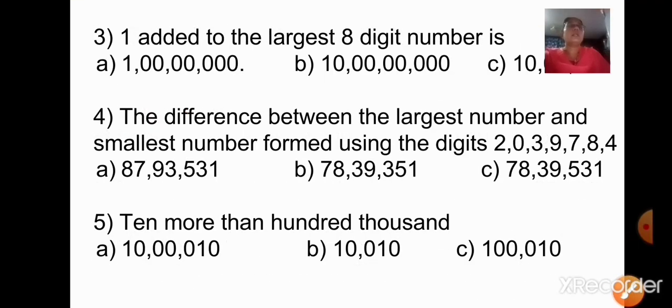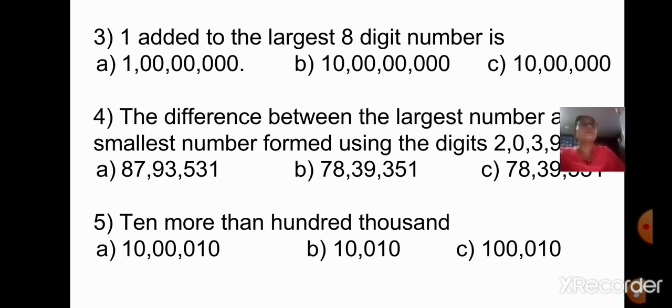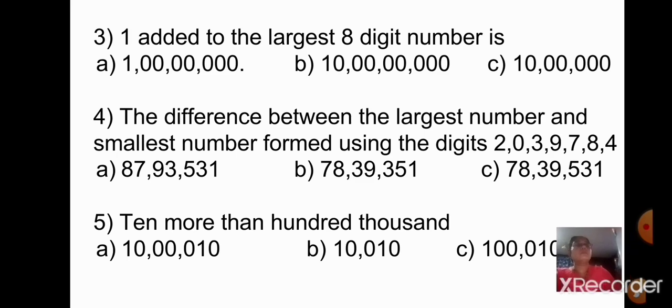Coming to the next, third one. 1 added to the largest 8-digit number. Your largest 8-digit number is 9 crore 99 lakh 99,999.